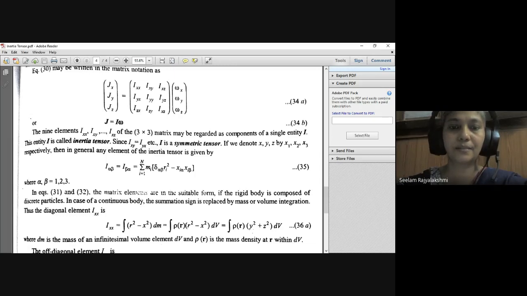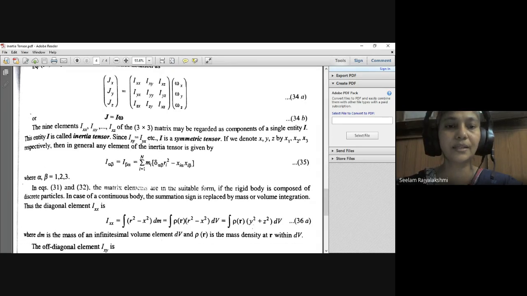Here dm is nothing but rho into dv, and rho is a function of r. So this equals the integral of rho of r, y square plus z square, into dv, where dm is the mass of the infinitesimal volume element dv, and rho of r is the mass density at r within dv.